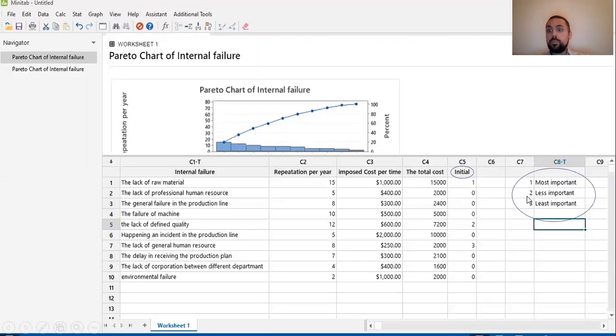Second one, number 2, is the less important. So I assign number 2 to one of them which is less important, such as 7,200. In comparison to the first one, it is less important. So I assign it to this one.